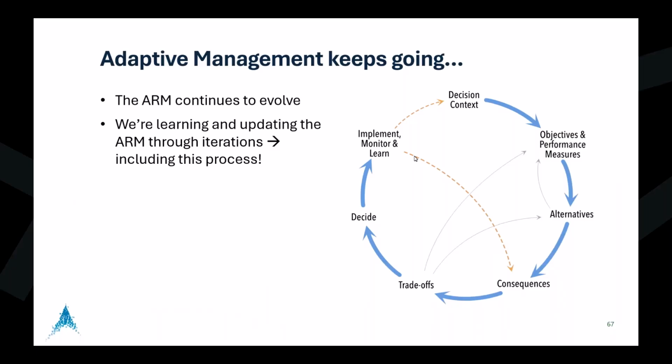And this process that we're all going through together right now is another type of iteration where we're going to be providing some recommendations for updating the ARM framework. So just emphasizing the iterative nature of the ARM framework in general and this process as well.